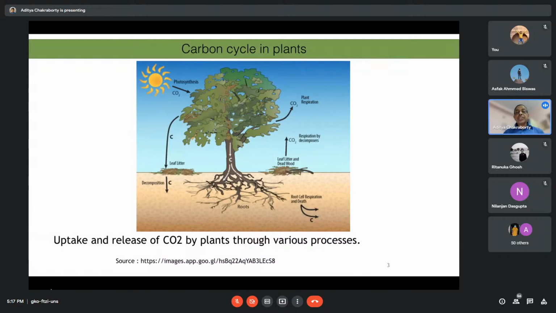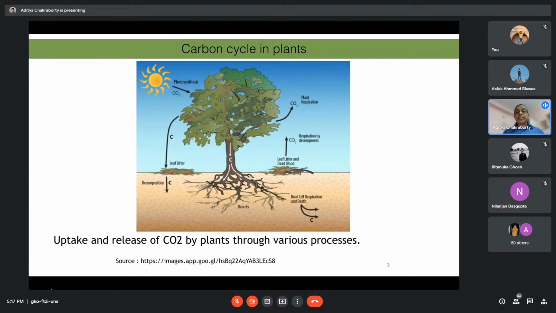The total ecosystem respiration has to consider both autotrophic and heterotrophic respiration. Whether it acts as a source or sink depends on whether the total amount of carbon absorbed by photosynthesis exceeds the total amount of respiration. If it exceeds, then only can we say it is a sink.